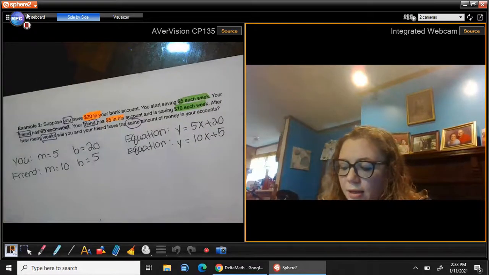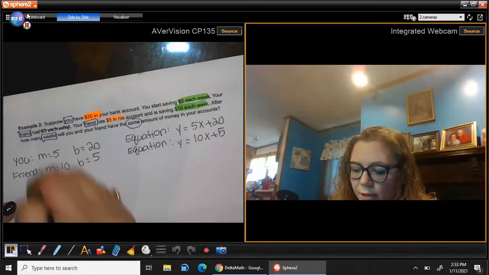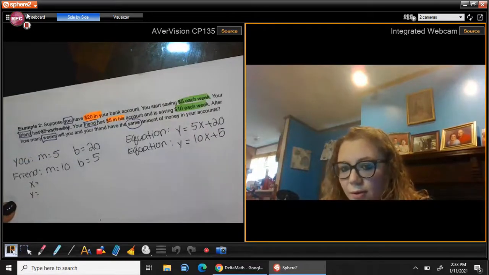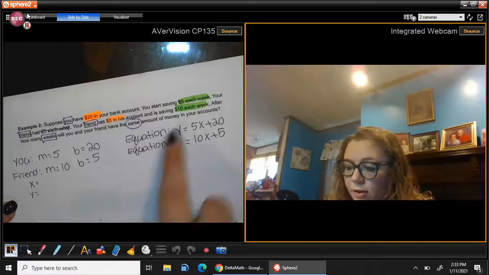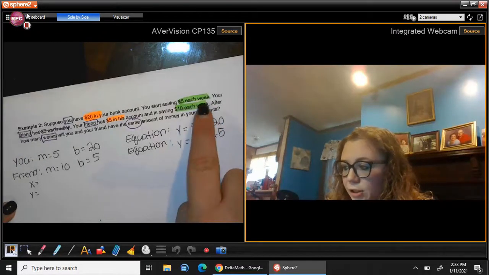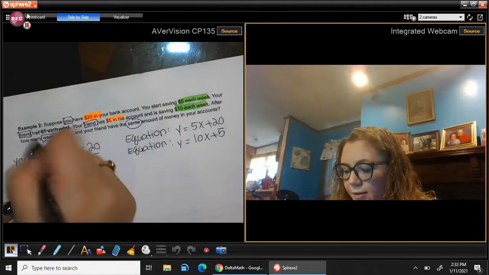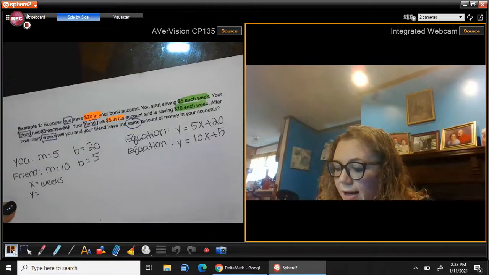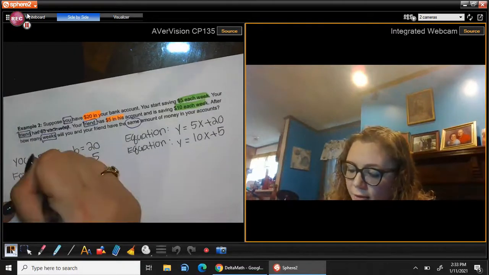Okay, and there's a little bit more information that we need. We need to know what x stands for, and we need to know what y stands for. So remember, what I always say is look for your slope and look what it's comparing. So $5 each week, so we know x is weeks. Okay, and y is the amount.